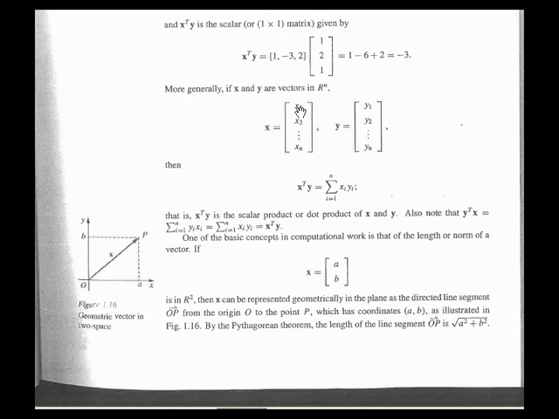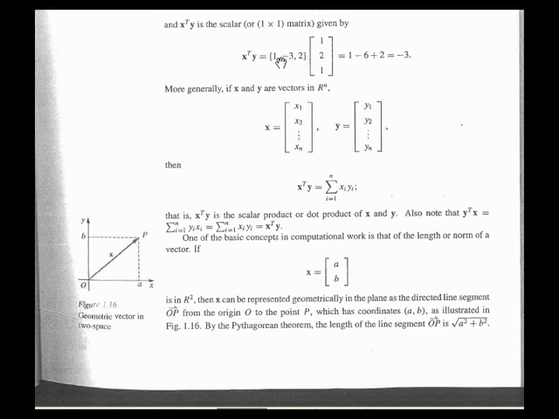Notice sometimes we'll write the dot product or scalar product of two vectors, since we're thinking of vectors as being columns, n by 1 matrices, 3 by 1 matrices, then x dotted with y can be written as x transpose y, not x y transpose, because y is a 3 by 1 vector, x is a 3 by 1 vector, but x transpose is 1 by 3.